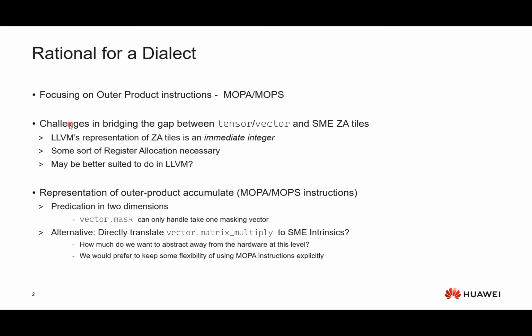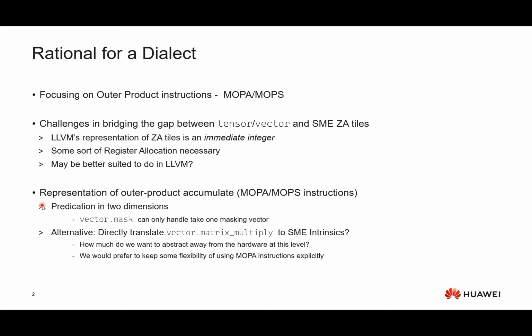LLVM's representation of the data tiles, especially for the outer product instructions, is an immediate integer. So it's difficult to translate directly from SSA vector values to these instructions, since we need some sort of register allocation, and maybe this is better suited to do in LLVM.